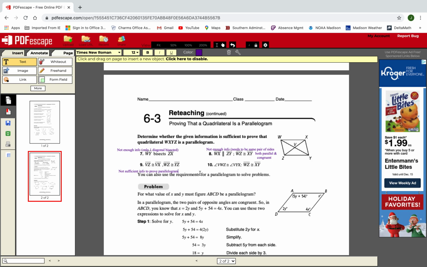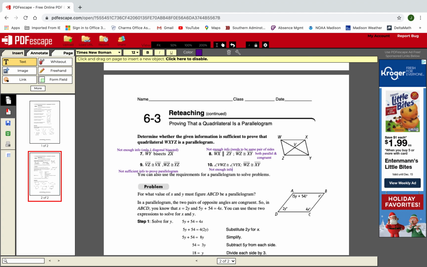All right, so 10 says that angle VWZ is congruent to angle VYX, okay. And it says that WZ is congruent to XY. So that's not one of our situations. I'm going to say not enough info on this one also.